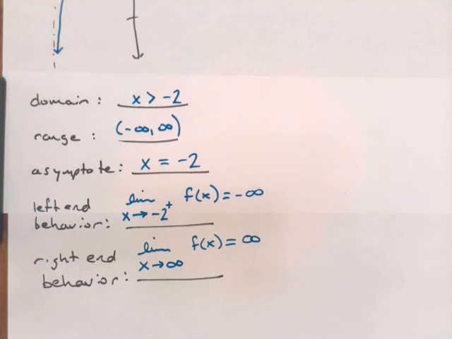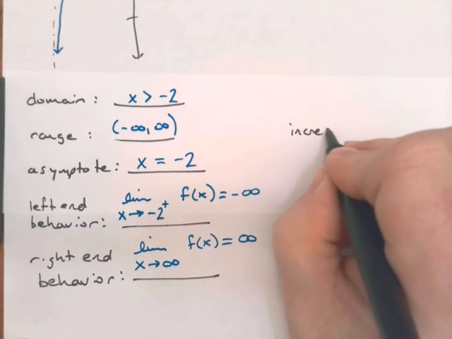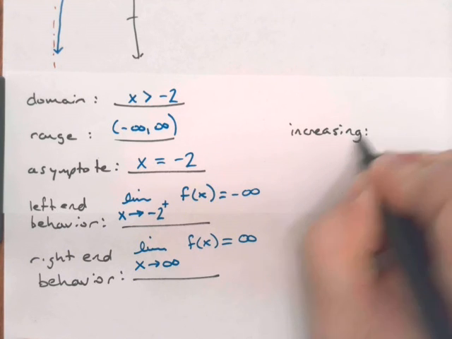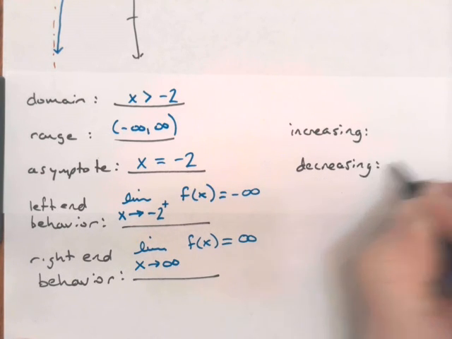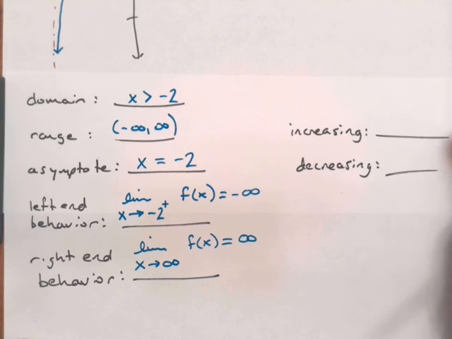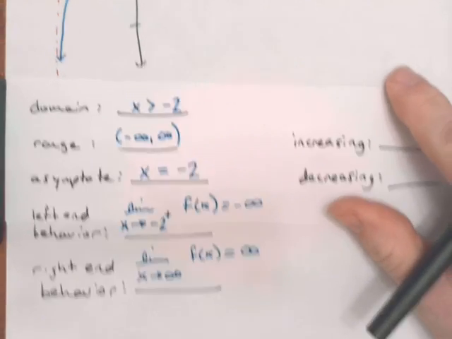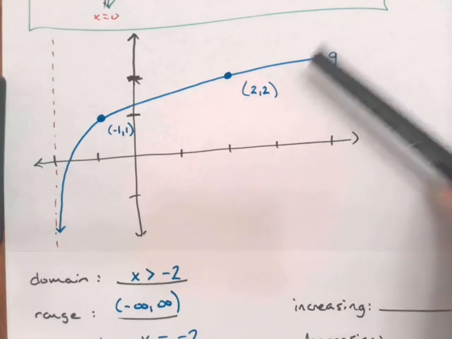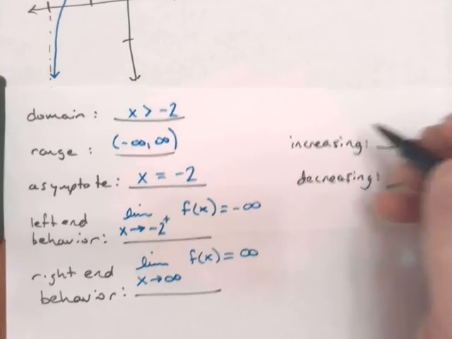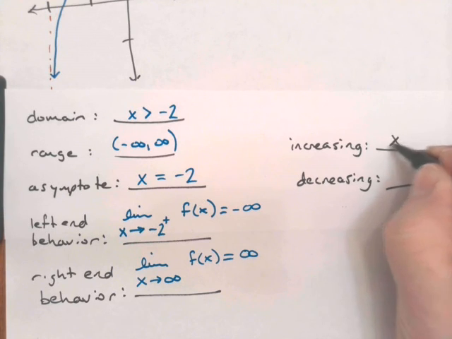Our graph goes upward. We also need to make a statement about where our graph is increasing and where it is decreasing. One of these answers will be the domain, and then the other one will be none. These graphs increase or decrease the entire time, and this graph, when we travel along the line from left to right, is going upward, so it is increasing the entire time.